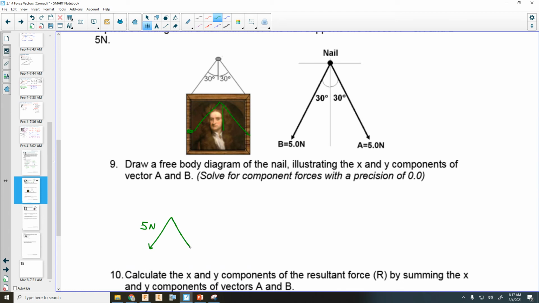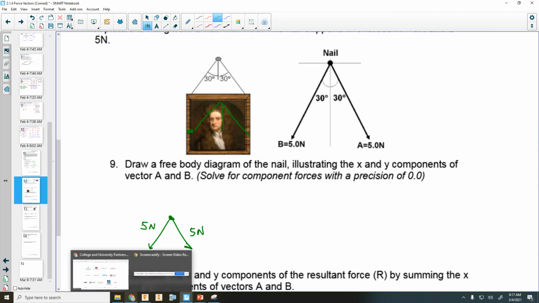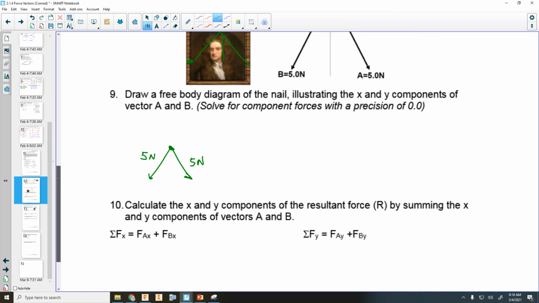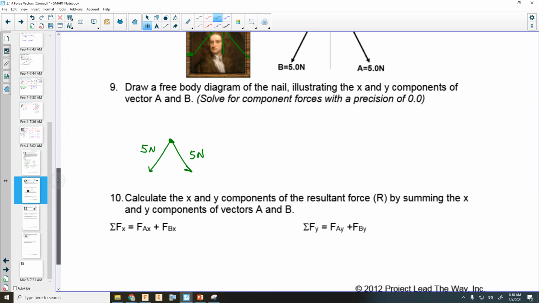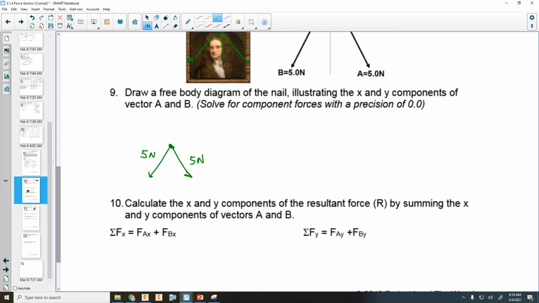We got 5 newtons going this way. Okay, there's the nail. So we got these two triangles that look like this.